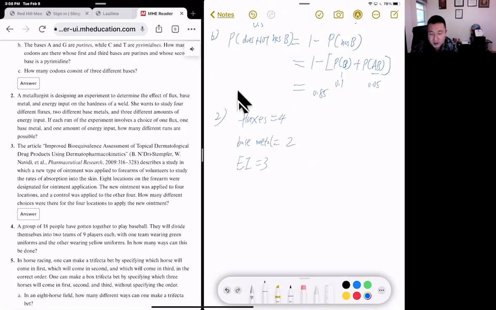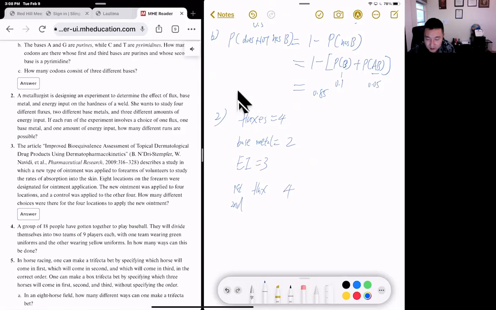If each experiment involves a choice of 1 flux, 1 base metal, and 1 amount of energy, how many different runs are possible? So this is a simple counting method. You can think of this experiment as including 3 steps. Step 1, we choose the flux, and she has 4 different choices.